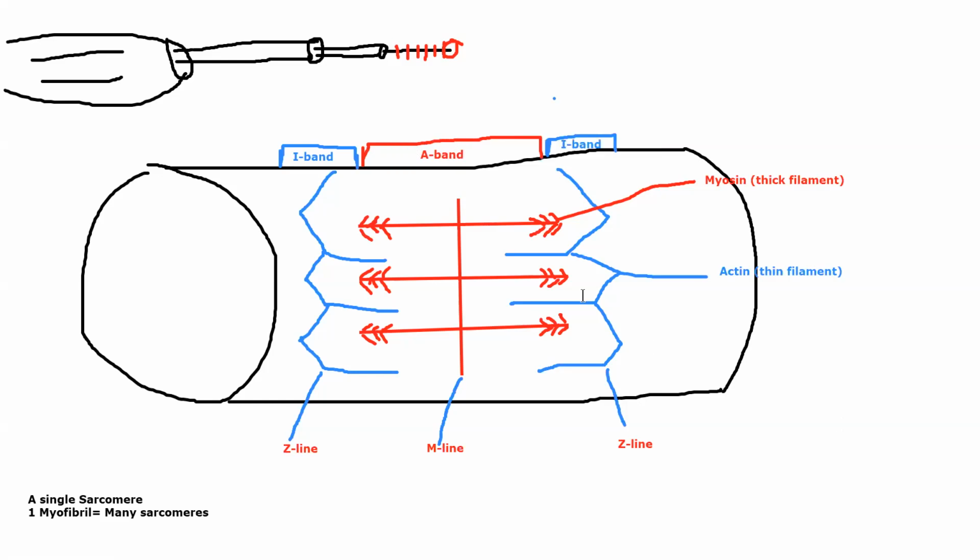Now, there's an area that's within the A band where there is no longer overlap. There's just myosin filaments. And that region, just myosin, just thick filaments, we call the H zone. So we call this smaller region within the A band where there's no longer overlap the H zone.